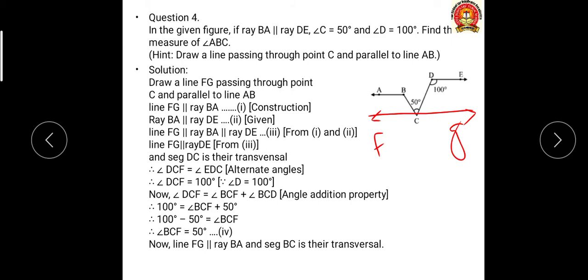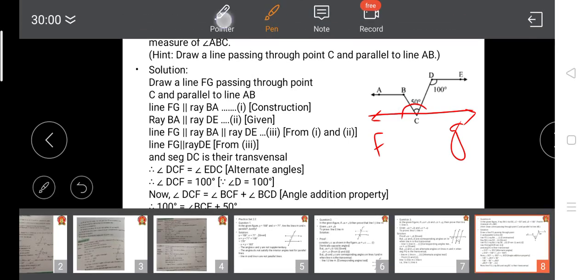Angle DCF is equal to what? It is equal to 100 degrees. Which angle? This whole angle. Okay, this is 100 degrees.